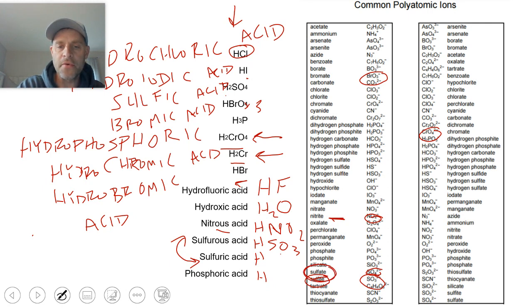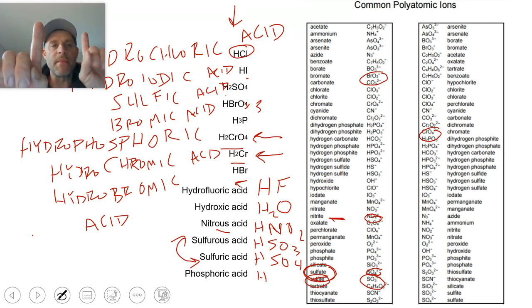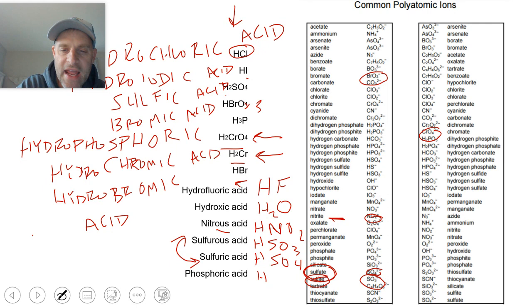It's not SO3, it's SO4. Now, this is getting technical, but the sulfate is a -2. H is a +1, SO4 is a -2. Those don't balance, so we have to drop and switch. So technically it's H2SO4.